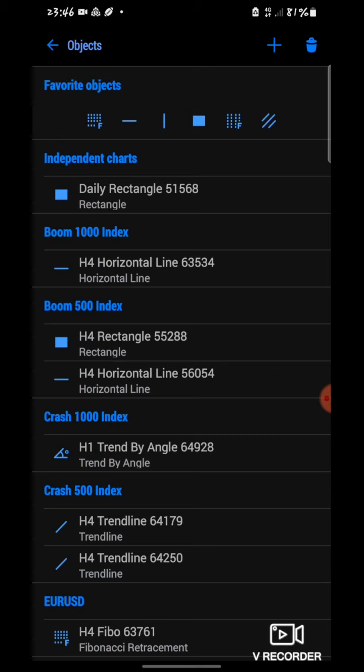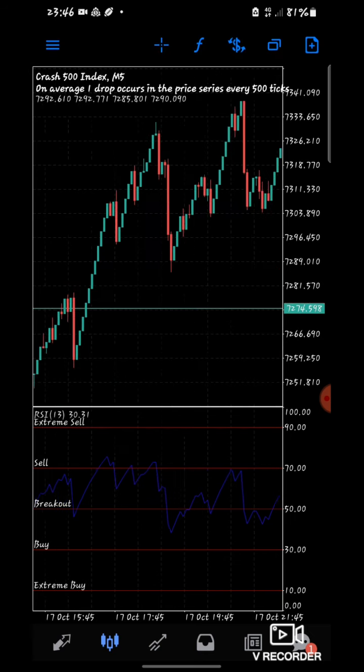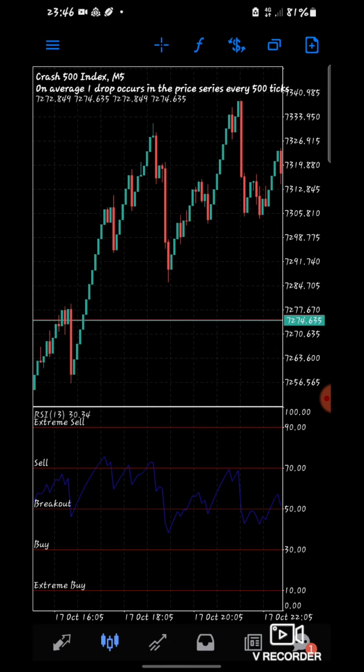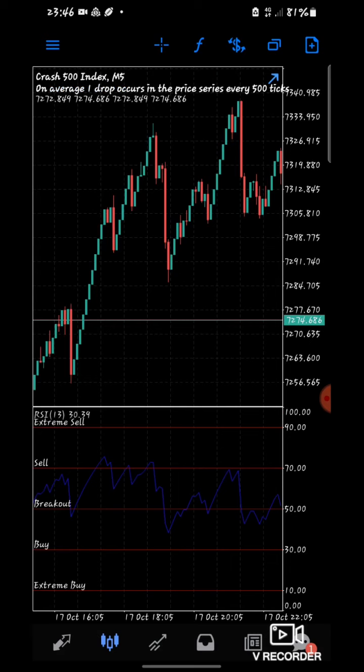So what we're going to do right now is this. Let me get something for you guys. So whenever the RSI touches the 70 line, just like here, guys.